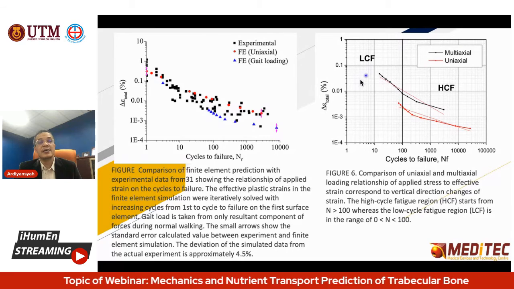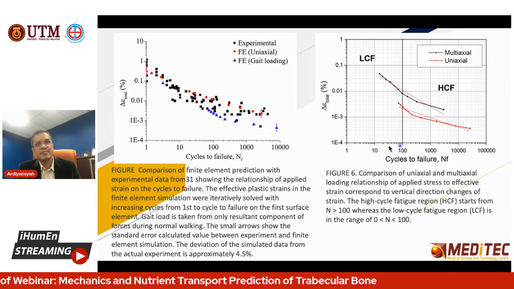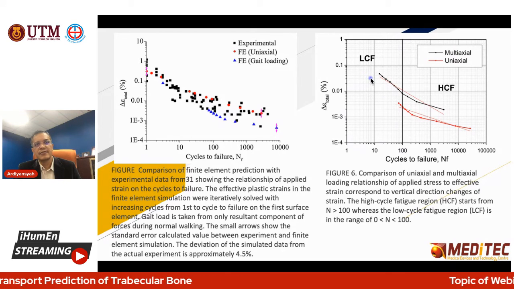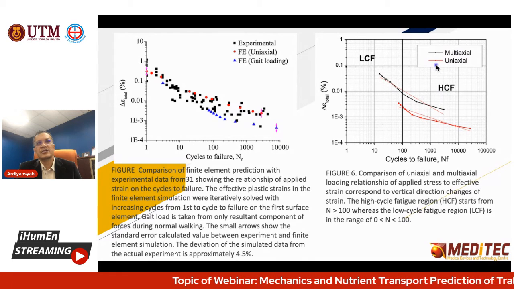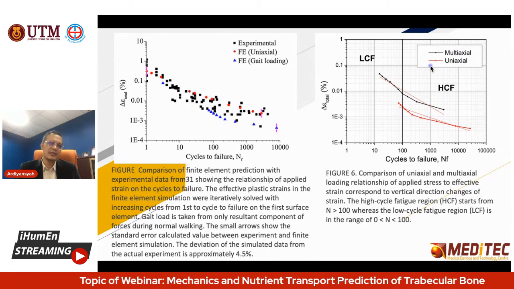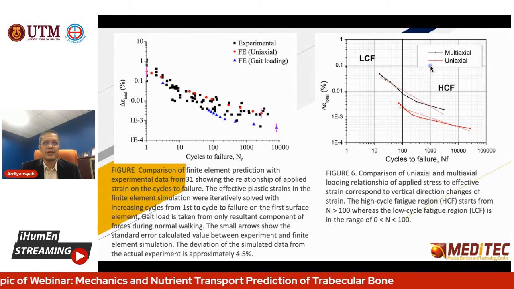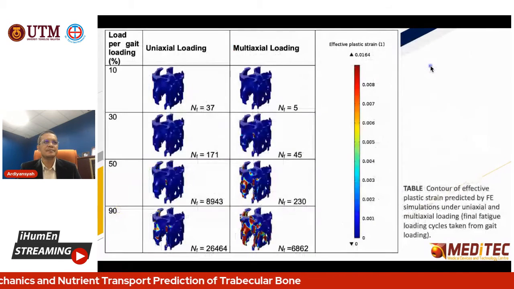Like in the beginning, below 100 we call the low cycle fatigue region, and above it the high cycle fatigue region. You can compare multi-axial and uniaxial fatigue life in the cancellous bone.